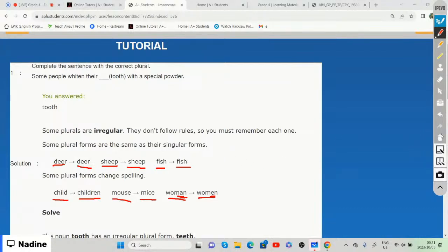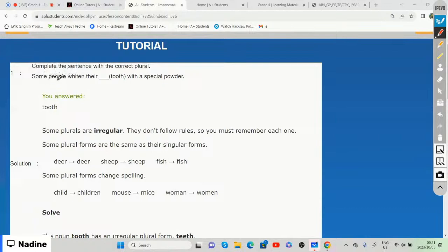All right. So now if we look at the sentence over here, it says complete the sentence with the correct plurals. Some people whiten their tooth with special powder. So people, does people refer to one or more? People refers to more than one person.